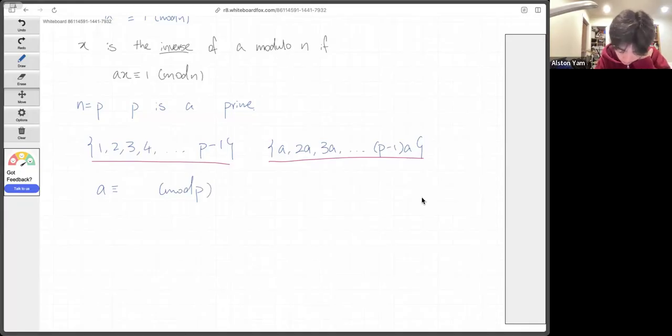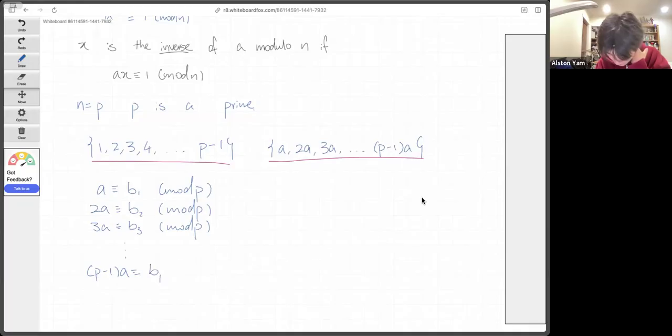Let's call it B1 for now, under mod p, because a has a remainder when we divide it by p. 2a will be congruent to a different number, B2 mod p. 3a will be congruent to some number B3 mod p. And then we keep going to (p minus 1) times a, which will be congruent to B(p minus 1) mod p.